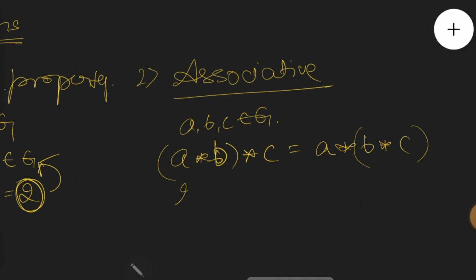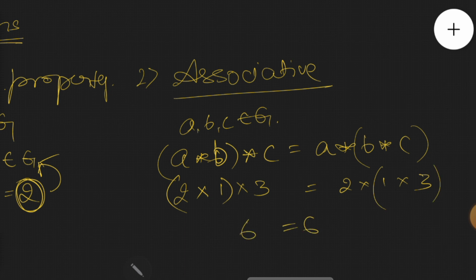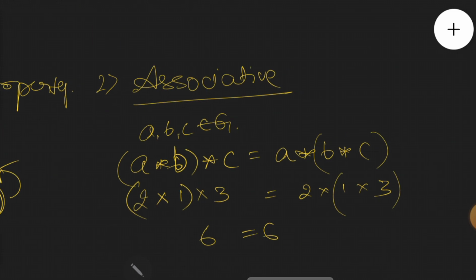So if you have (2 into 1) into 3, and you have again 2 into (1 into 3), if you do this multiplication, you will get 6 and 6. So even after you have performed an associative function on a group, after the change it remains the same.